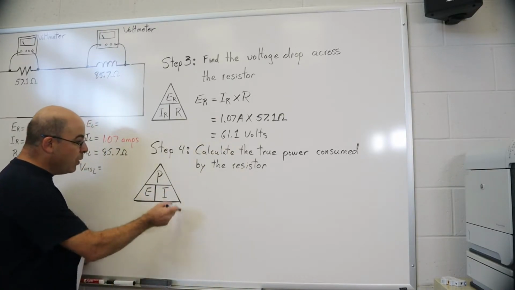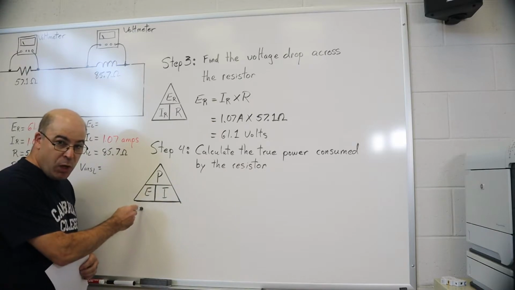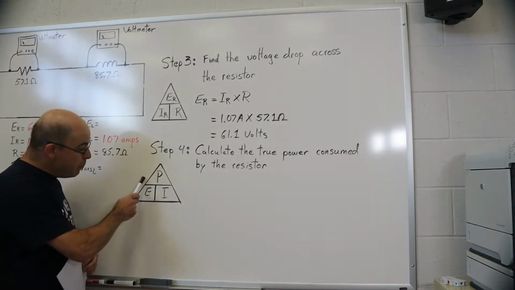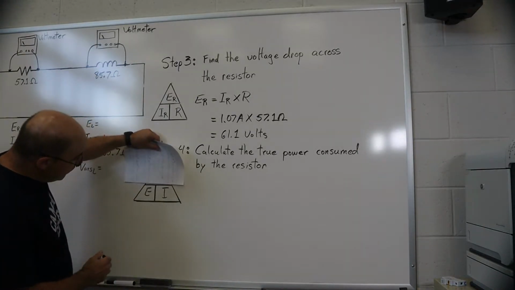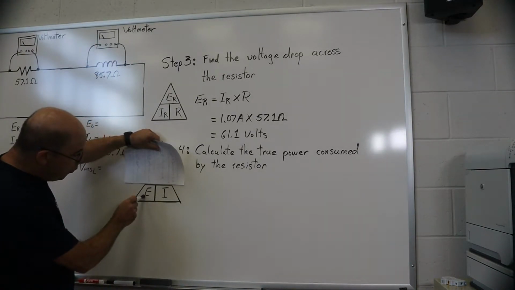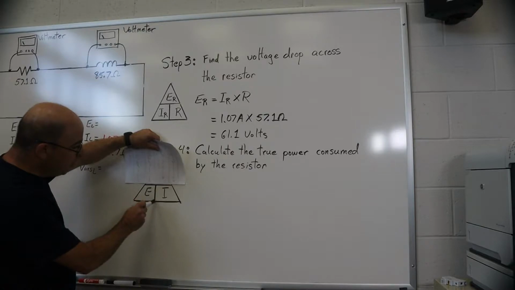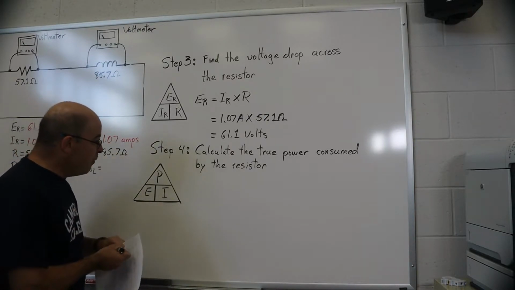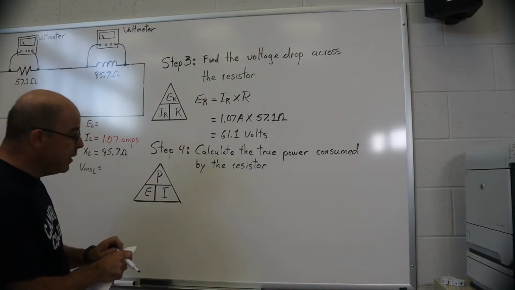In this case, right now, we're still using Ohm's law, but it's changed a little bit. We're calculating power. And power, if we look at this, we are going to take the voltage drop across the resistor and multiply it by the current of the resistor. And so that formula is going to look an awful lot like this.